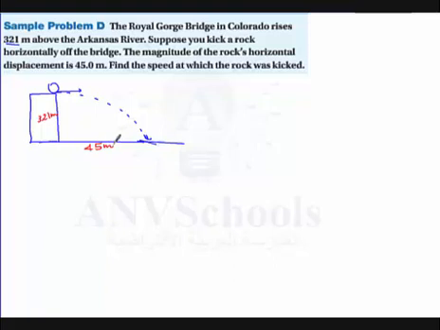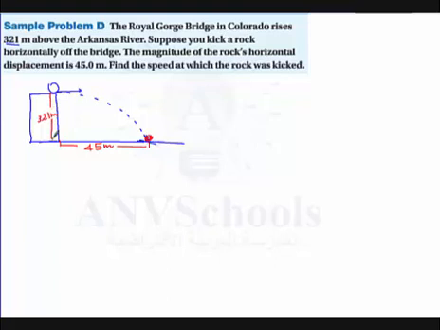So it was kicked this way, and it strikes the ground 45 meters from the base of the bridge. This horizontal distance is 45 meters, and the vertical displacement is 321 meters.